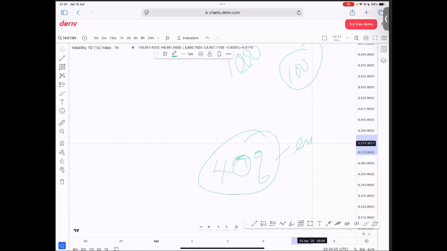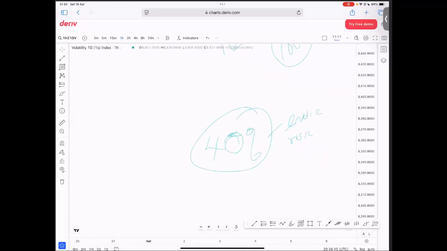Which means that if you have a $1,000 account, and you want to risk $100 on a particular setup, on that setup you're going to open $40 at entry, and then you will spread the remaining $60 at specific points.